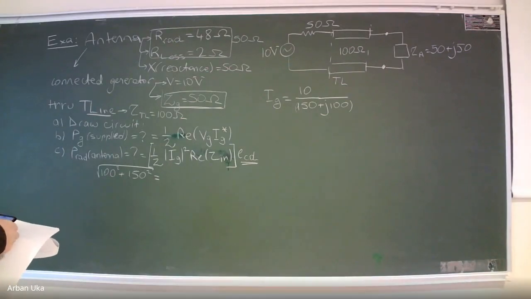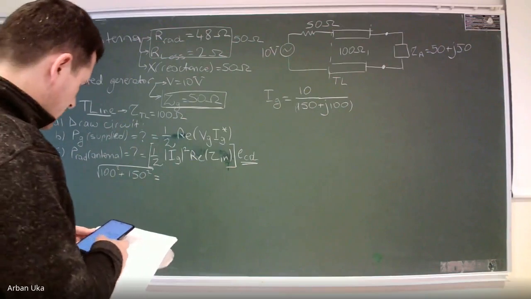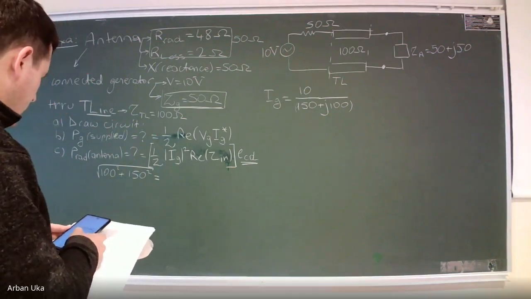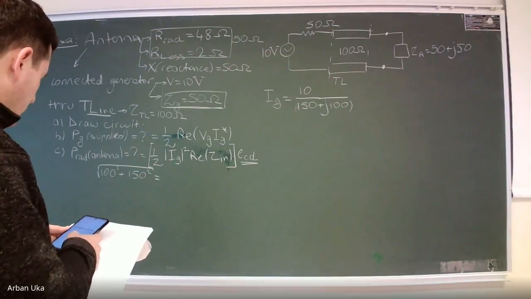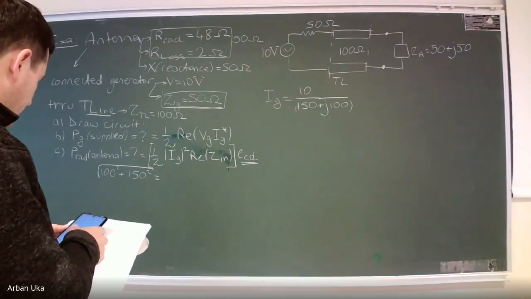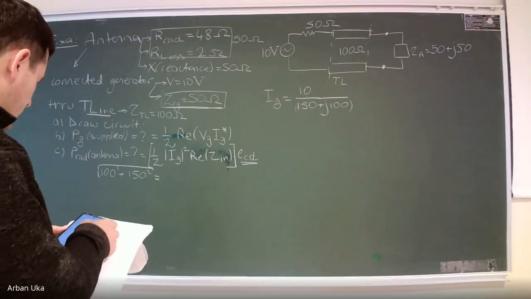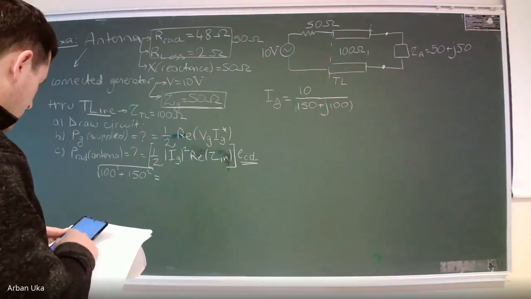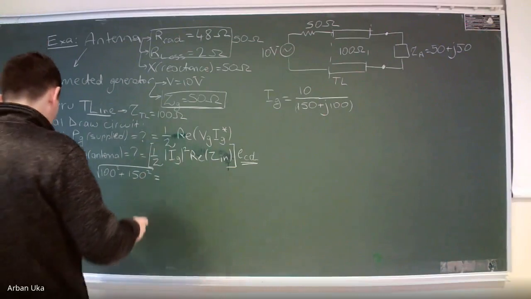So 150 times 150 is 22,500. Then we have to add 10,000, which gives 32,500. Then the square root of 32,500 is around 180.3.